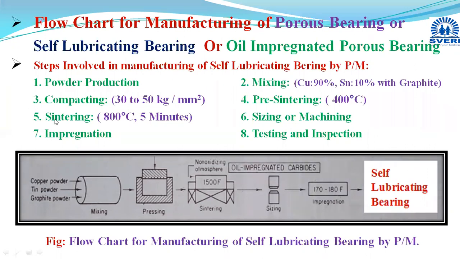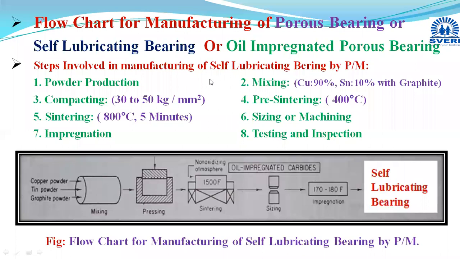And after these 5 minutes, the sintering process will get completed with three steps: diffusion, densification, and recrystallization and grain growth. Then, in this sintering stage, diffusion of tin particles will occur on the copper powder particles.